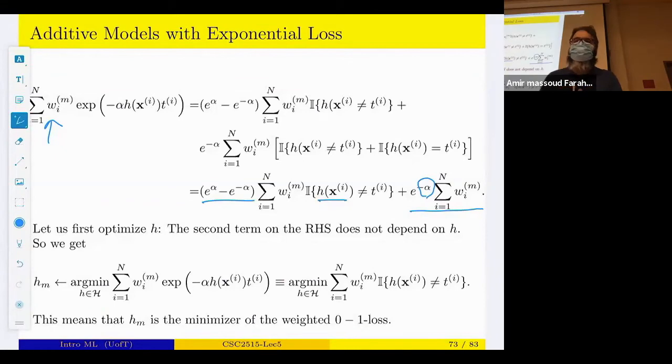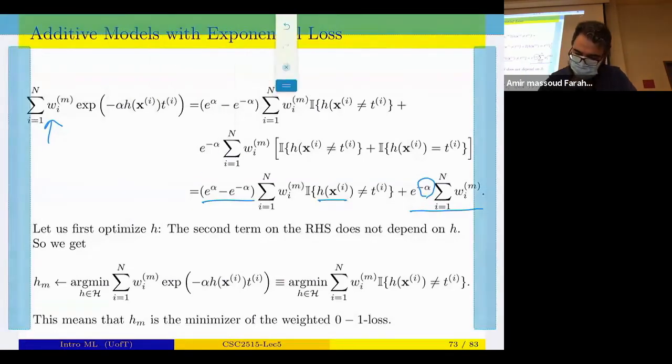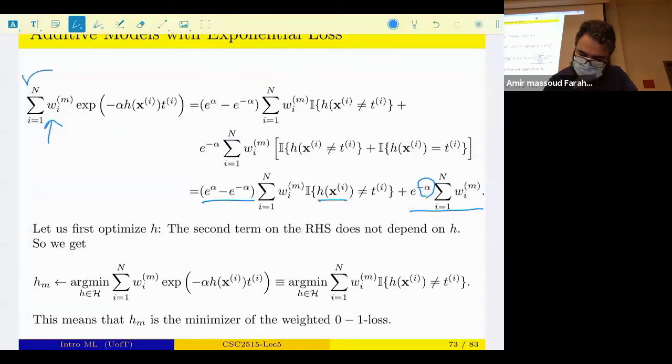So what we can do basically is that now if we want to optimize h, for example, we can focus on the terms that only depend on h. So if I want to compute, say, argmin of h and alpha, this would be equivalent of course to the argmin of the same things here.